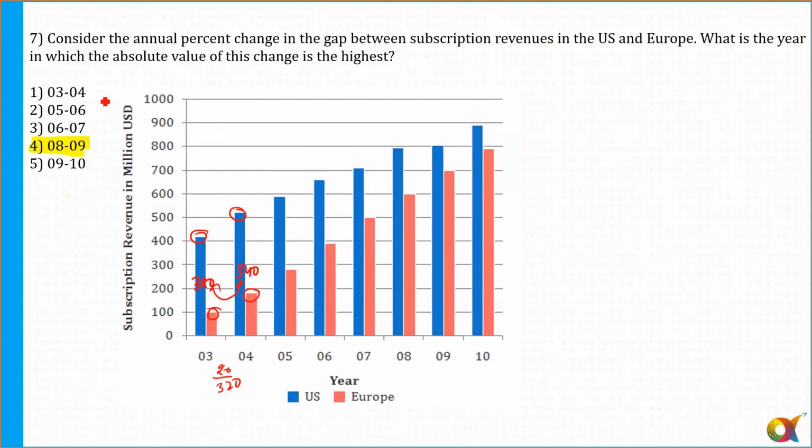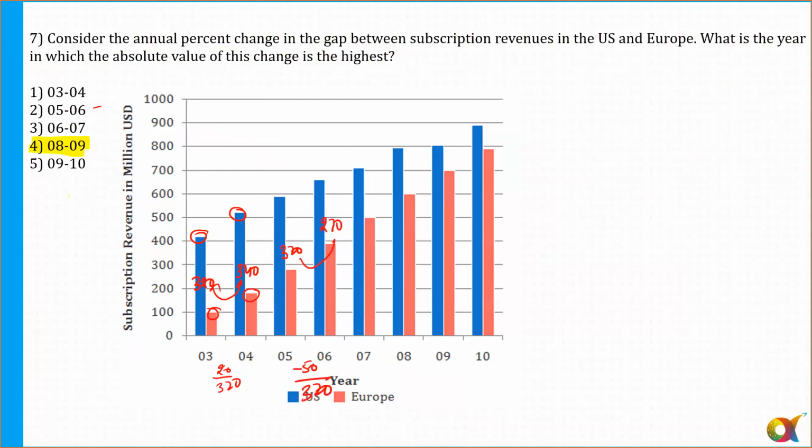So I'll go by the options. Now I need to find out the change in 5 and 6. So in the 5, the difference will be approximately 320 between these two bars. And here it will be equal to 270. So again, the change from 320 to 270, there is a negative change. So I can say that is minus 50 upon 320. Okay.